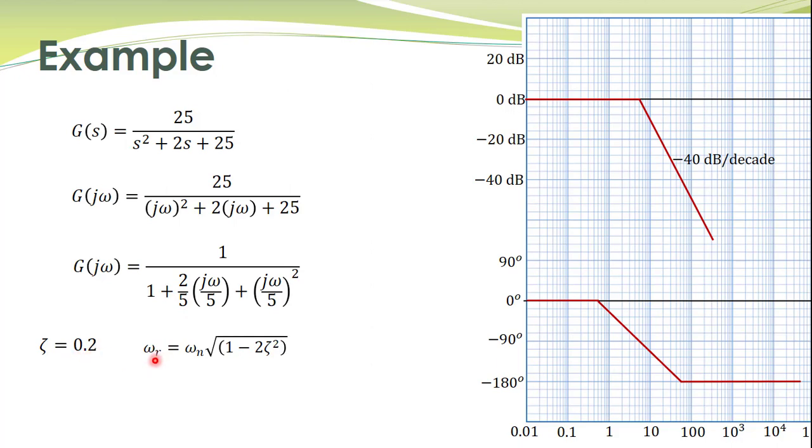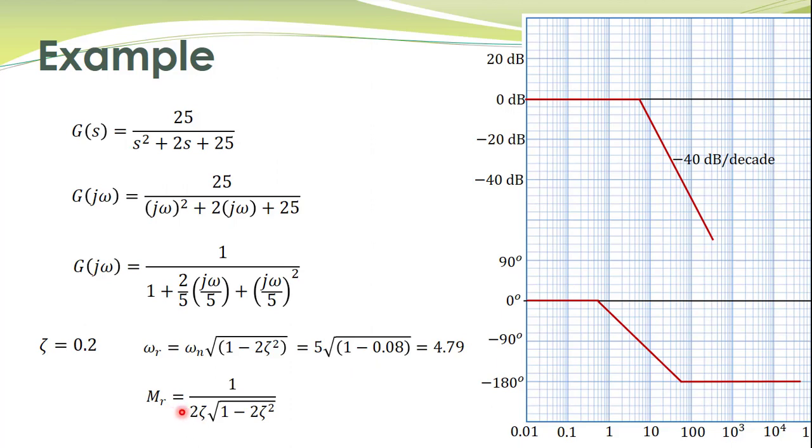For the resonant frequency, we substitute zeta equal to 0.2 and omega n equal to 5, so the resonant frequency is 4.79, and the resonant peak is given by the relation which we have just derived.